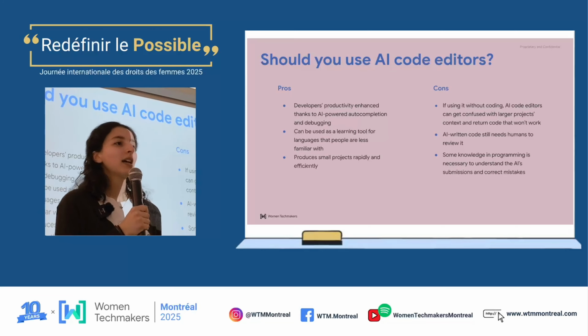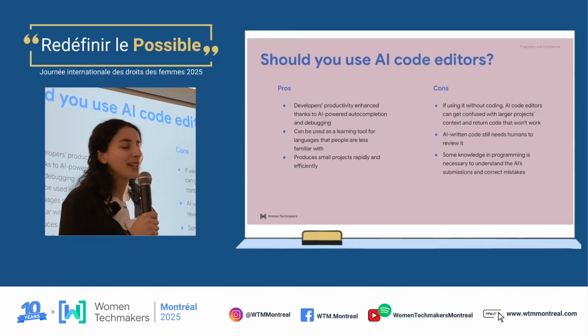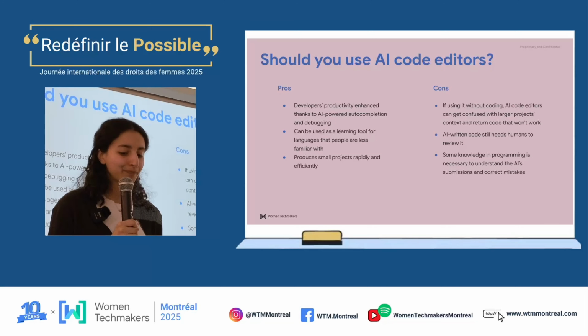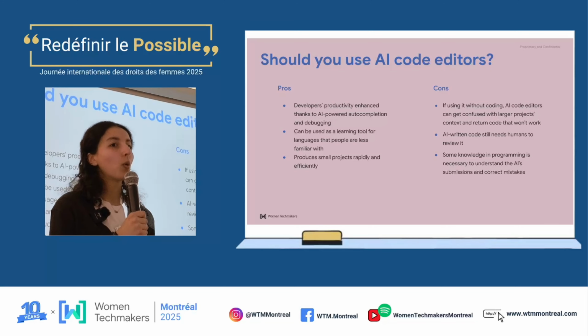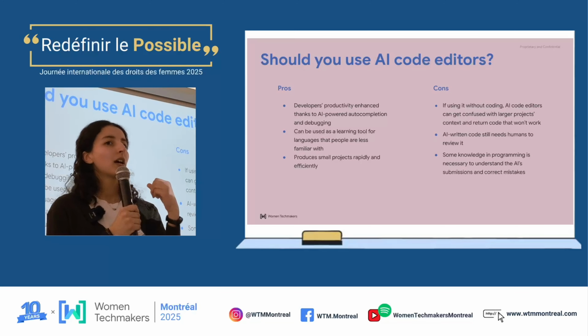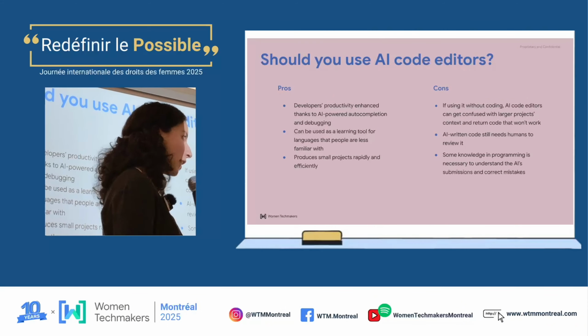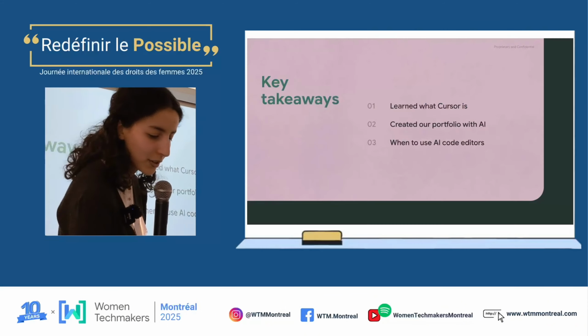That's why you kind of need to know a little coding, the gist of how it works, so that you're able to spot those errors and correct them, or tell the AI, hey, this is wrong, this and this and this, please give me a way to correct it. This is what you should be careful of when you're using AI code editors.